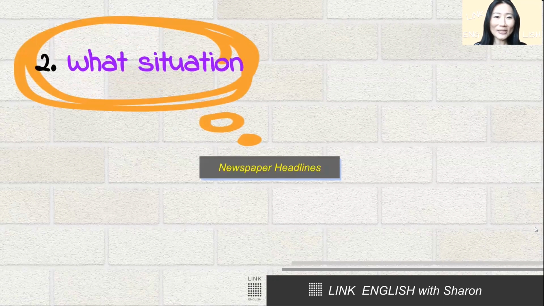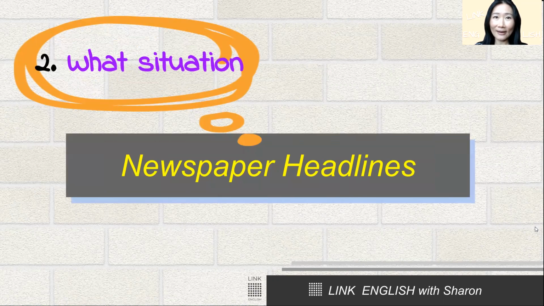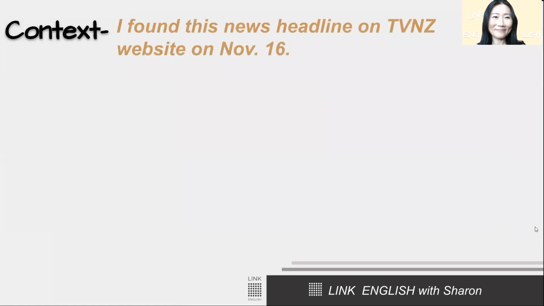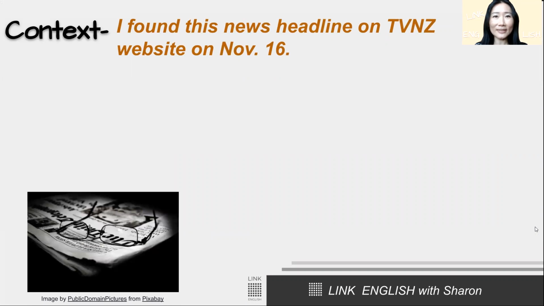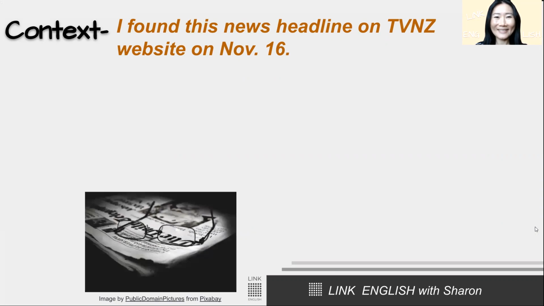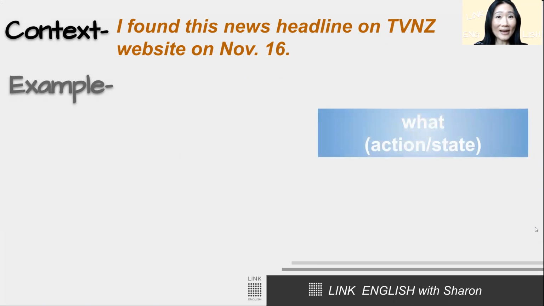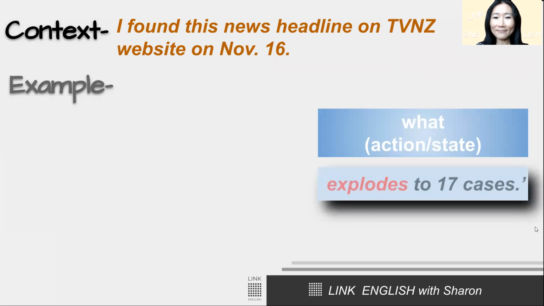In this situation, newspaper headline, we will use V5 verb. Let's see. I found this news headline on TVNZ website on November 16. In Australia and New Zealand, Z is pronounced like Z. Okay, what action in this headline?